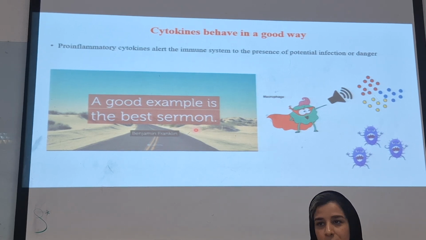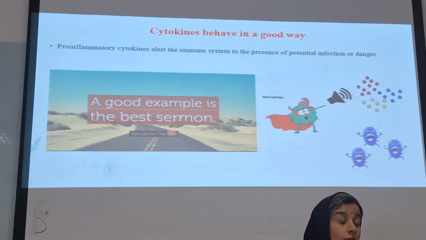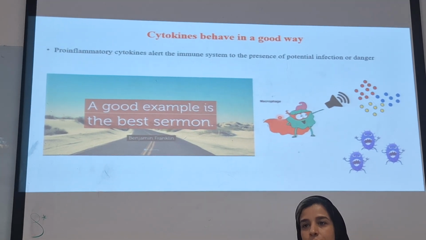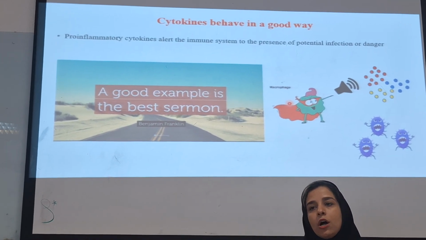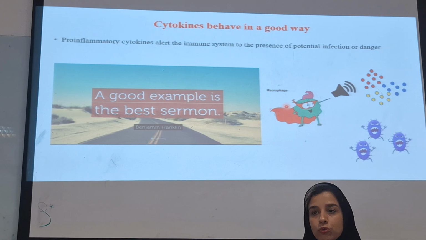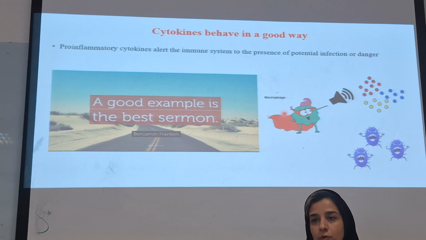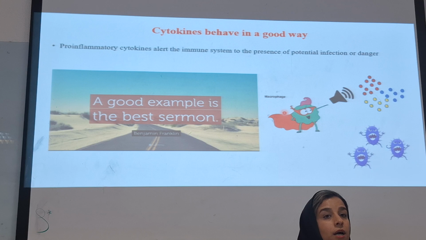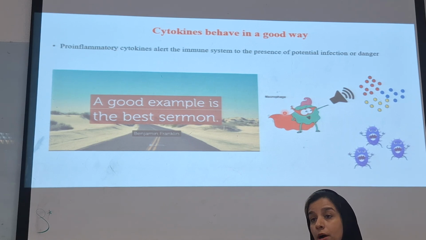I mentioned this proverb to say that in our body, if cytokines are produced in normal or physiological amounts, not too much or too low, these cytokines have many benefits for our body, because they alert our immune system to the presence of foreign substances and pathogens, to deal with them and remove them from our body.